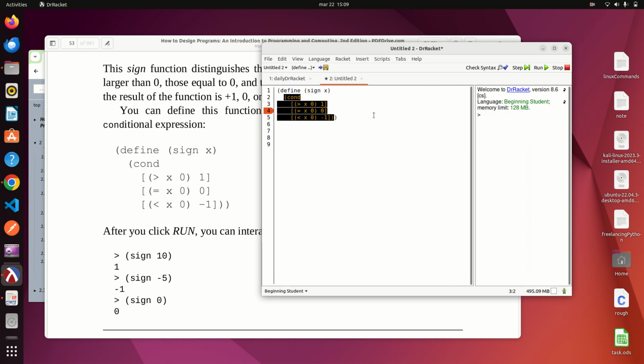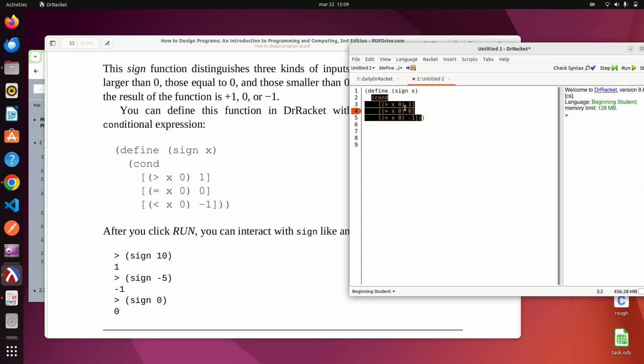The error here was that this is the operator, and these two are operands, and it's saying if x is equal to 0, then the output should be 0, and there was no output there.